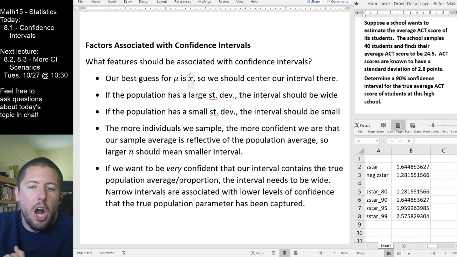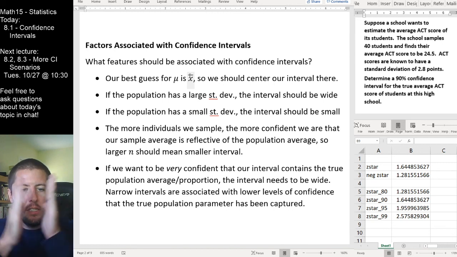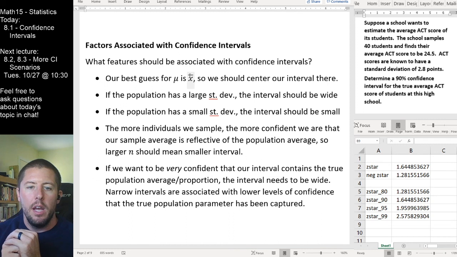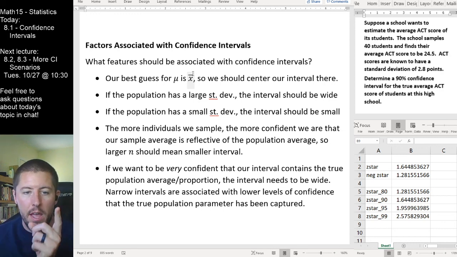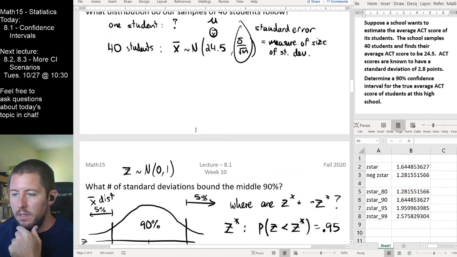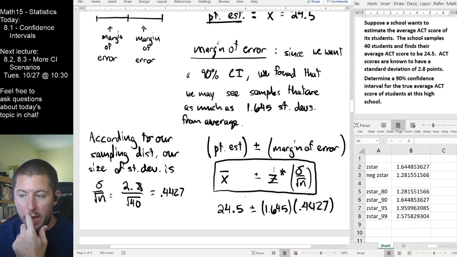If the population has a large standard deviation, it will make the interval wide. We saw that increasing sigma increased our margin of error, the distance from the center to the edge. The more individuals we sample, the more confident we are that a sample average reflects the population average, so a larger n should mean a smaller interval. And notice here, I'm going to scroll down and show our equation. We have our general equation that looks like this.